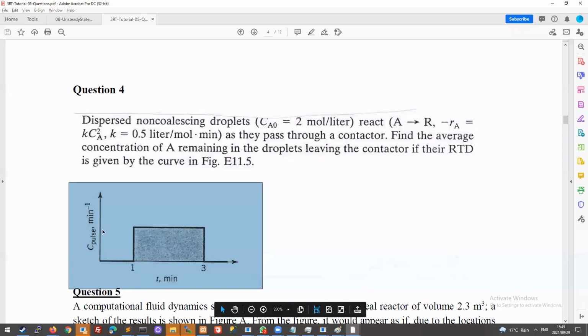How are we supposed to get E of theta when we don't even know C of theta? Are there any suggestions? How can we get E of theta if we don't know the maximum value on this curve? The previous problem actually gives you a bit of a clue.